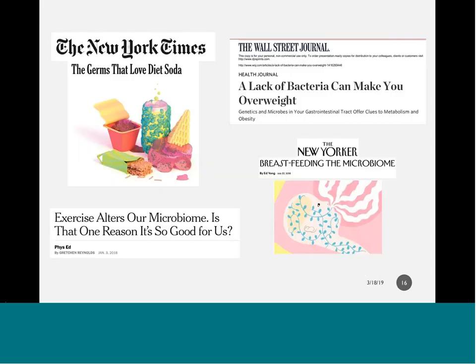And indeed, social and population health scientists have been interested in these too. These are some examples from the media on some of this work: the New York Times article on the work around breastfeeding and the gut microbiome, work around nutrition, things like diet soda, exercise. There's a huge body of work, a lot of which is in animal models, though there is more of this work in humans as well.